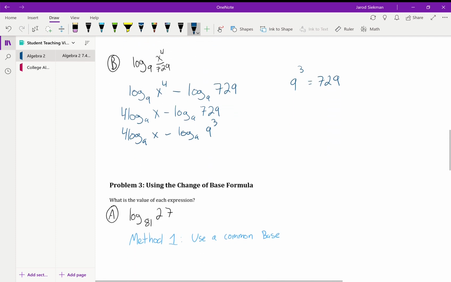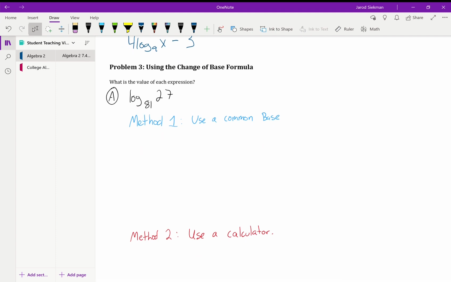And we remember from the first problem that we can rewrite this as 4 log base 9 of x minus 3. Since the base 9 and 9 match, that's just 1, and you bring the 3 down in front. So that's how you expand that logarithm.